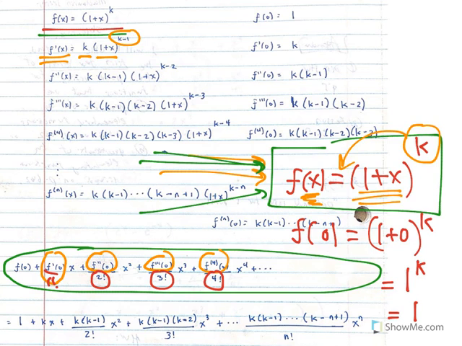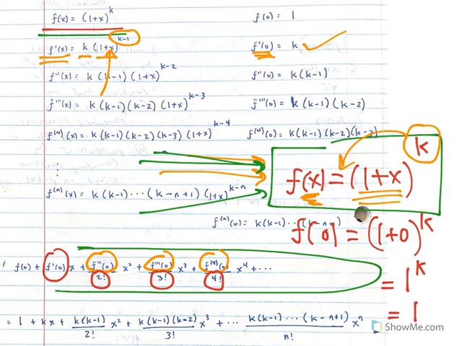And if you evaluate f prime of x at c equal to 0, so that you can write that in the definition of a Taylor series, then you're going to have f prime of 0. You would substitute 0 for x, so you get 1 to the k minus 1 power. 1 to any power is just 1. So you just have k times 1, and that's how we get k there. And what do you do with that k? You write that in the definition of a Taylor series.